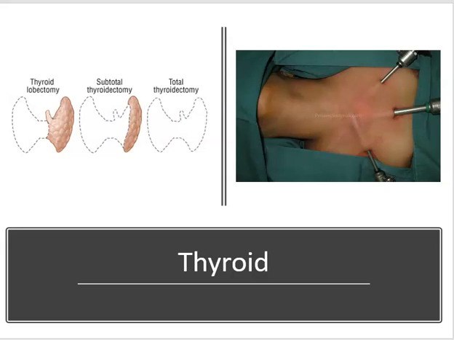And our lobectomy actually has two options that you will see available. So a lobectomy is known as a partial procedure because they're just taking out part of a lobe.